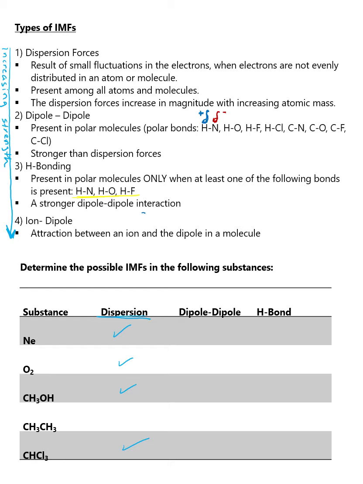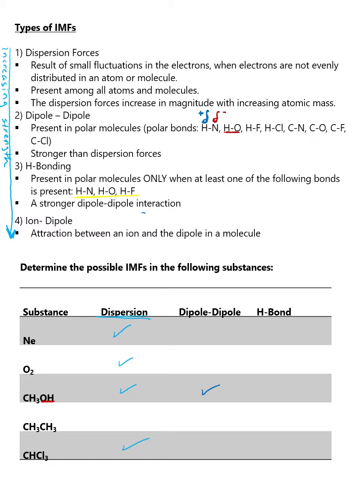methanol. Now, in this one, we know that we have dispersion. If you check your methanol molecule, that part right there, OH, it's a bond between hydrogen and oxygen. A bond between hydrogen and oxygen is a polar bond, which means that you do have dipole-dipole for that one.